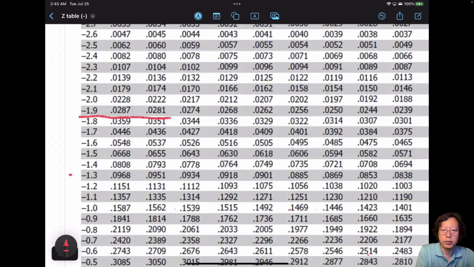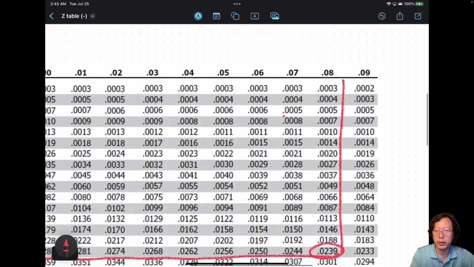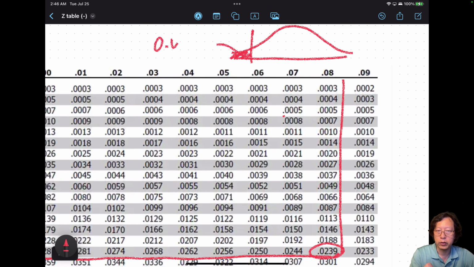So our probability will be 0.0239, which is about 2.4%.